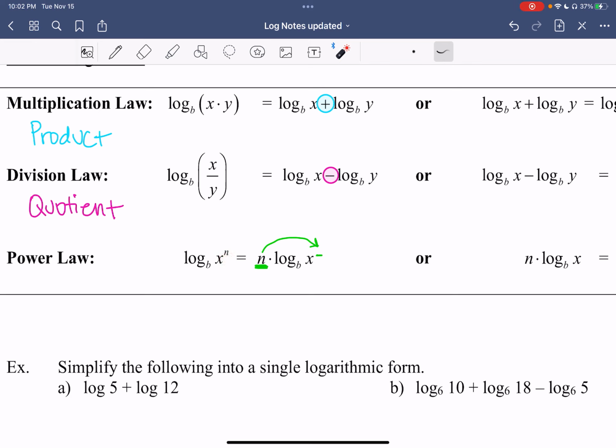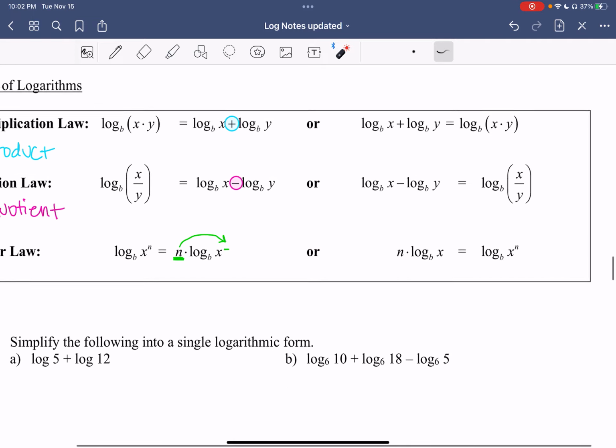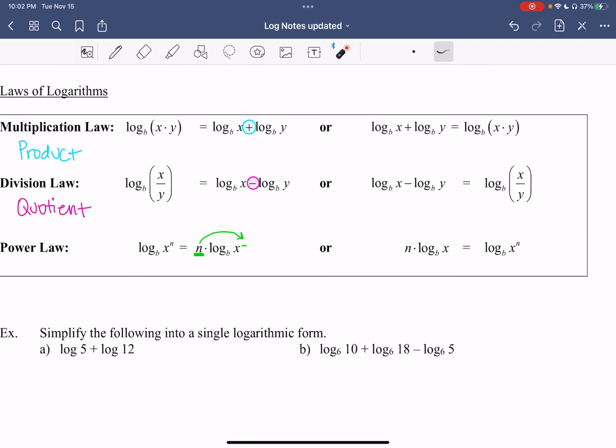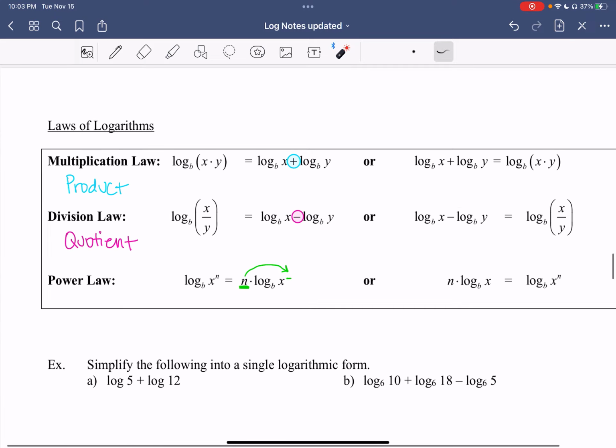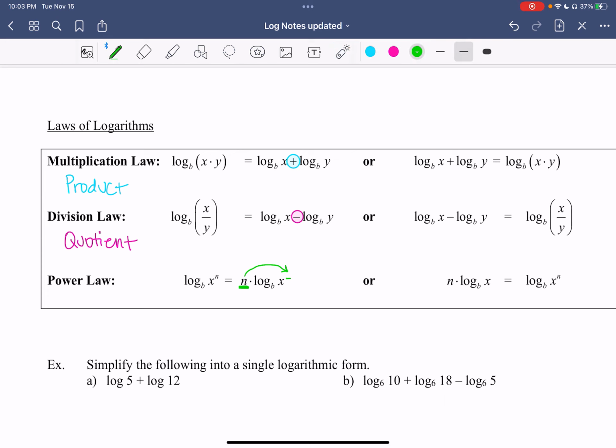Okay, so you can use this to condense. So you can use it to go from two logs to only one log, or you can also use it to expand. So you can go from one log to two logs. So you can go both ways. So they can ask you to either expand or condense. Okay, but the steps you have to follow are these. So let's see, steps.